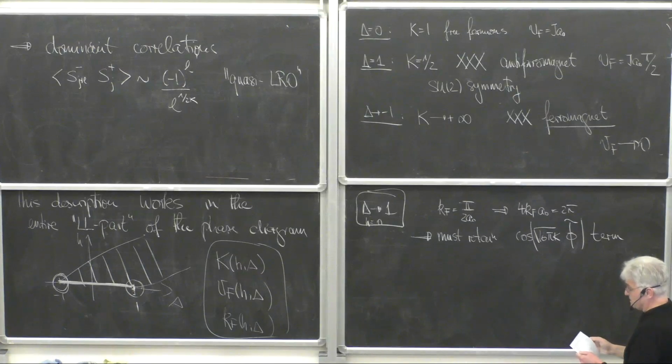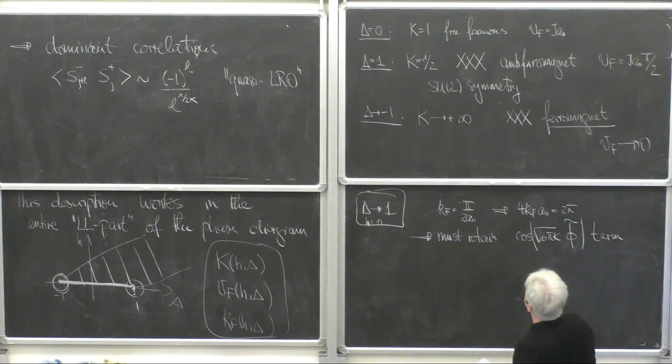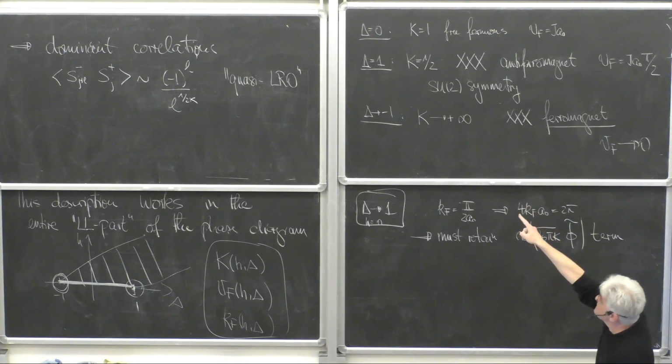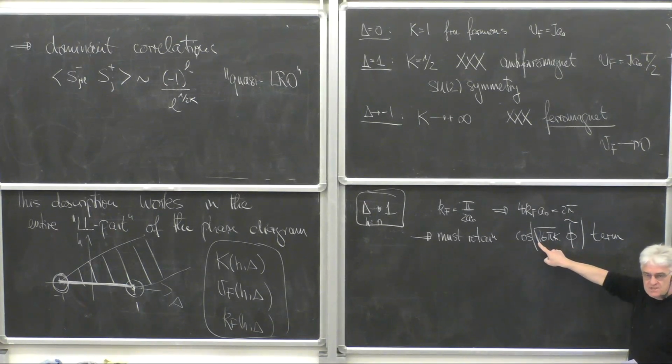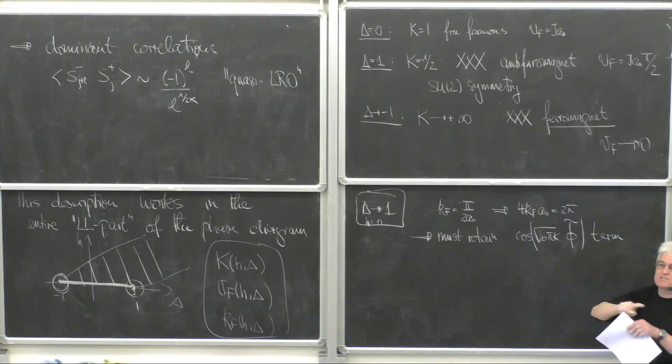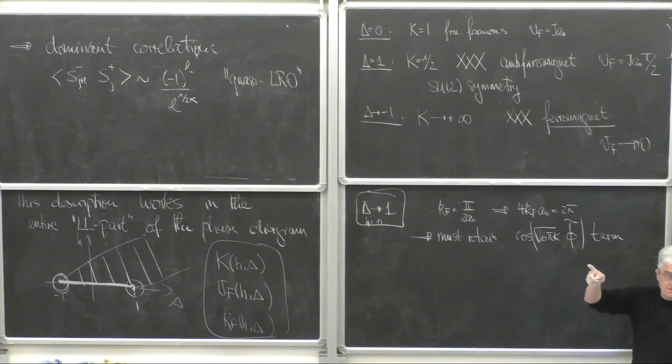Because for delta equals 1, K is a half, so this becomes cosine of square root of 8 pi phi, which was precisely the point in this perturbed free boson theory when the Kosterlitz-Thouless transition appeared.